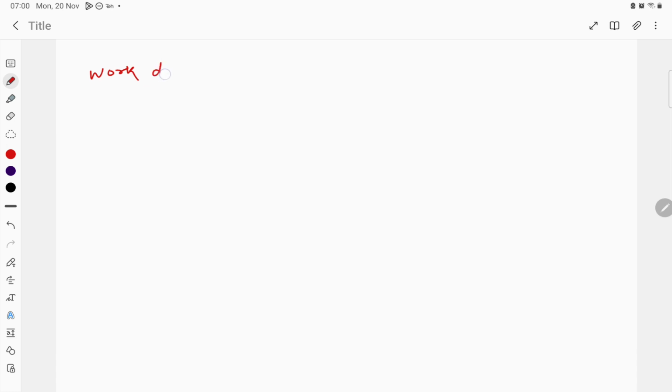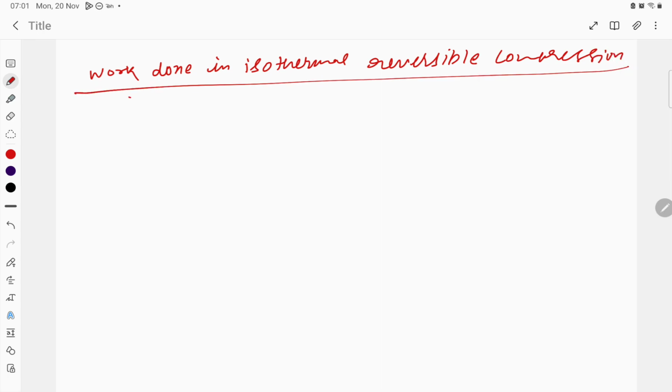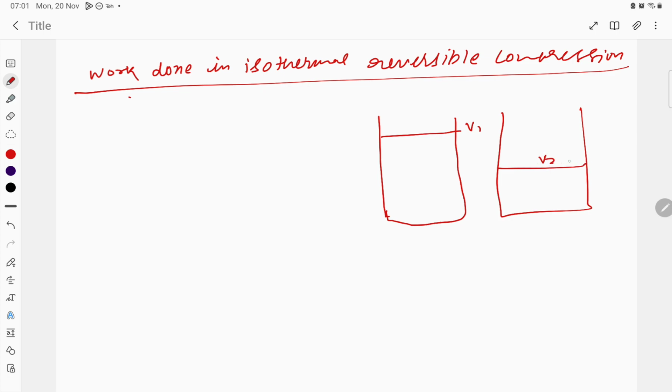Work done in isothermal reversible compression. When you are compressing, student, work is done on the system. Suppose this one is V1, V2 is going to be here. So it is changing.